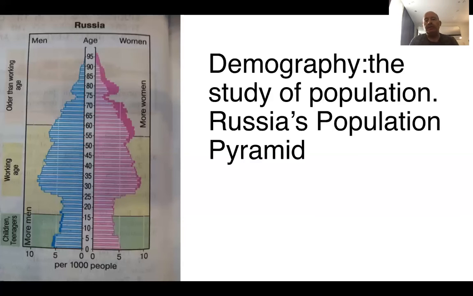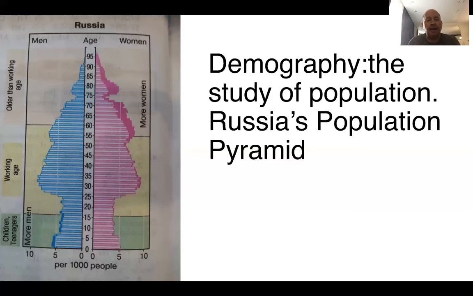And this occurs because in Russia, as in many other developed countries, life expectancy for men is lower than life expectancy for women, that women live longer. So this is more to do with the difference between the death rates among men and women at different age groups, in the older age groups.